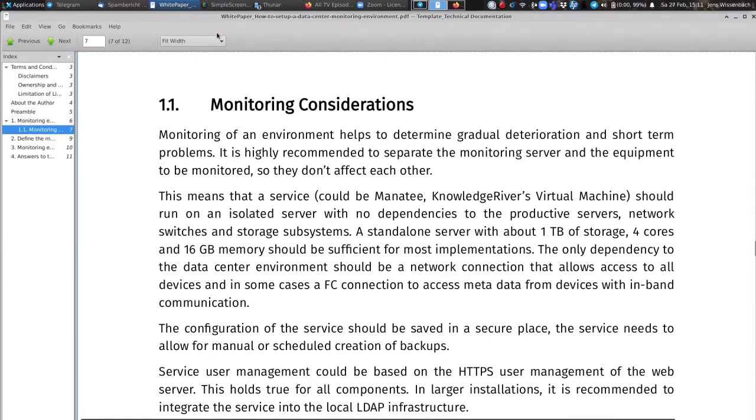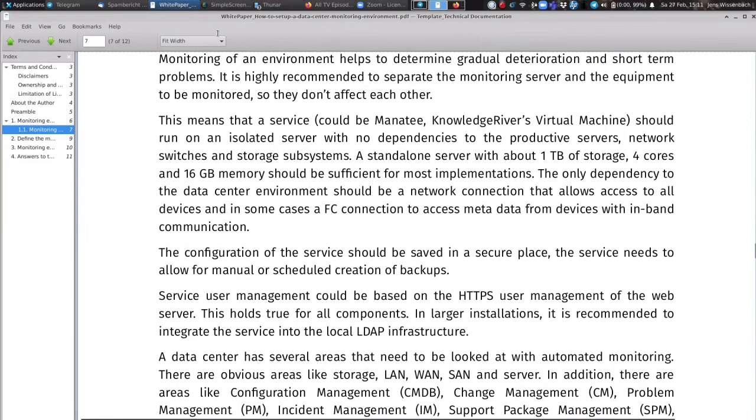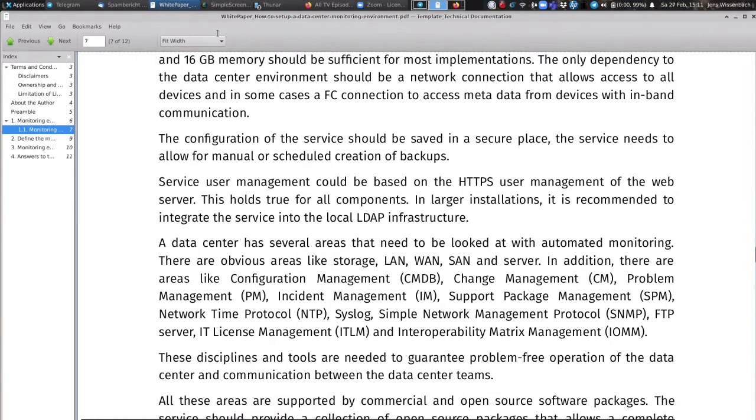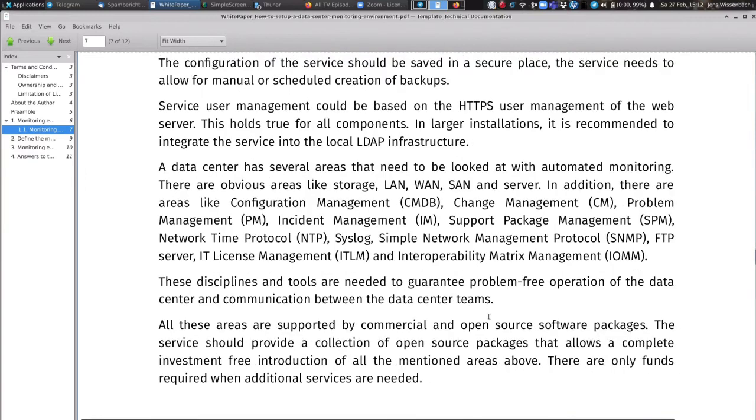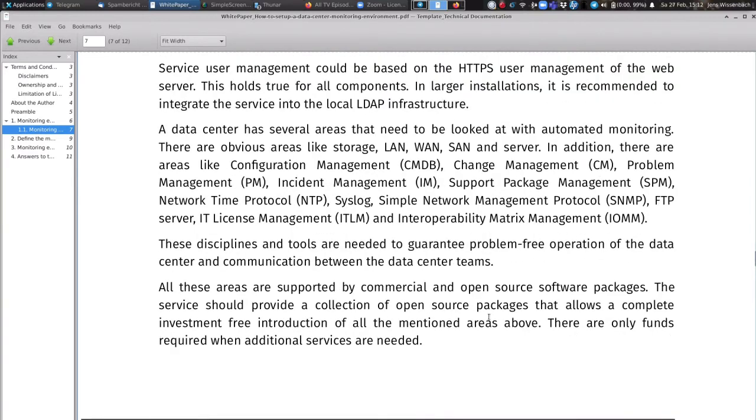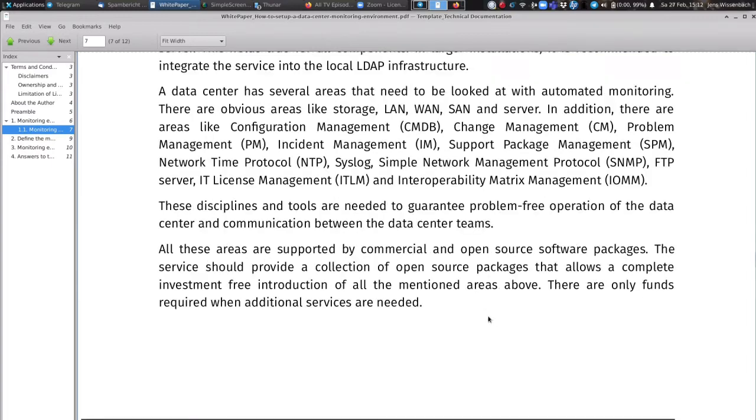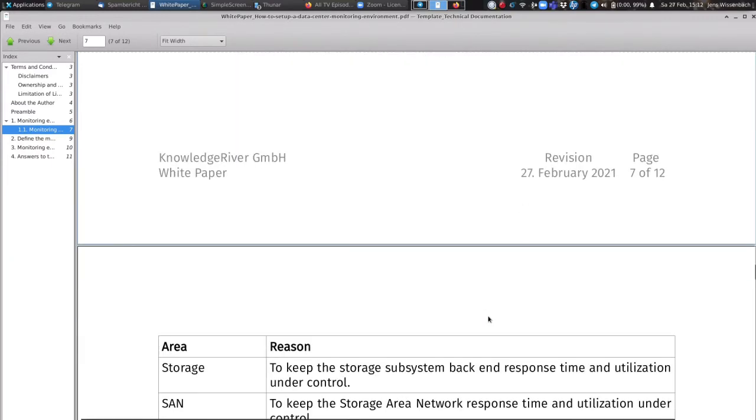When we talk about monitoring, then we also talk about LAN, WAN, SAN, server, and all of the management infrastructure items: change management, problem management, incident management, support management. All of this is related to monitoring, and the data collected within these monitoring tools are related to the other data packages as well.